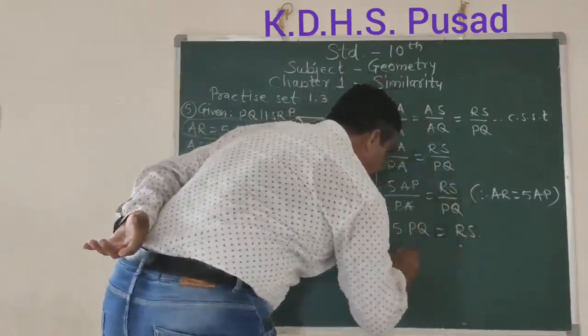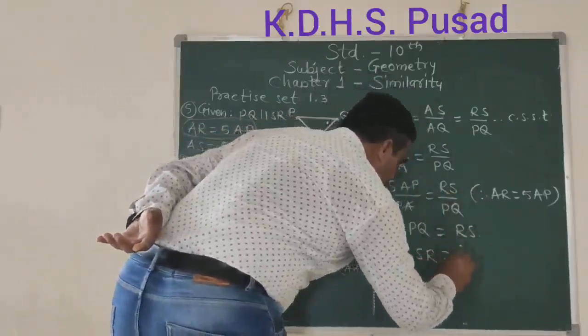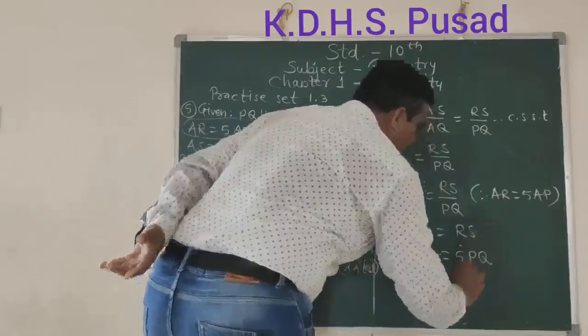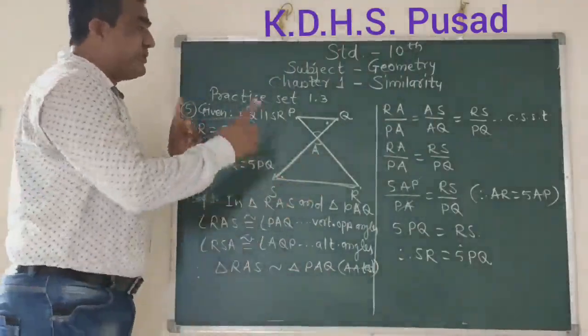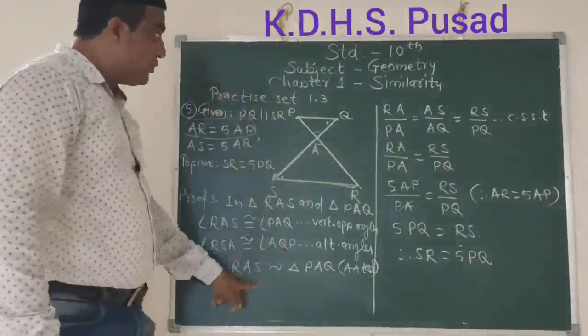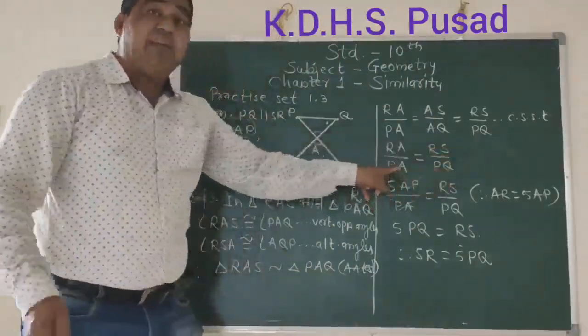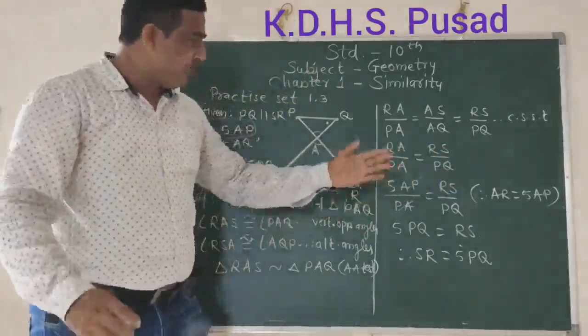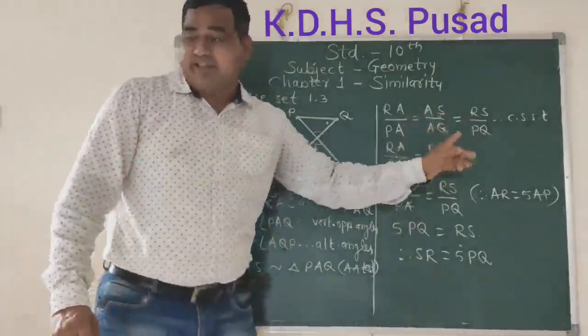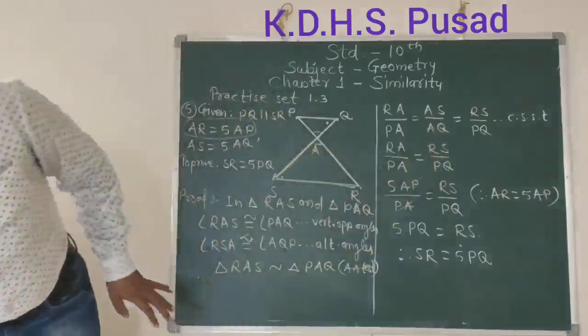RS means SR. Therefore, SR equals 5 times PQ. Okay, that is your required proof. In the same way you have to write such a ratio, then put down values and perform calculation in the 6th question of 1.3.